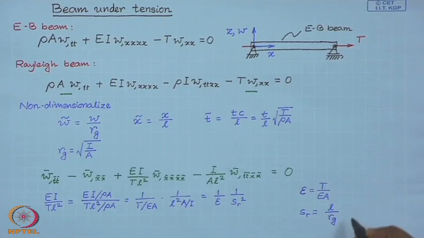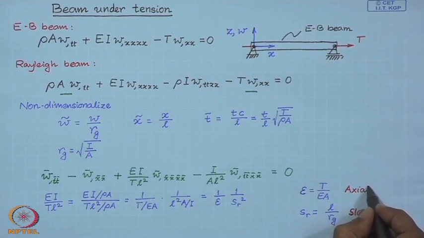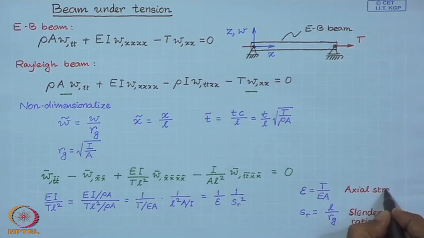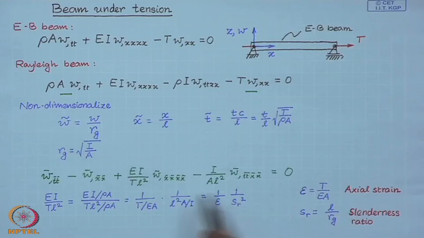This is known as the slenderness ratio. So, this is a slenderness ratio, and this is the axial strain. Now, this coefficient is nothing but inverse of the axial strain and inverse of the square of the slenderness ratio.